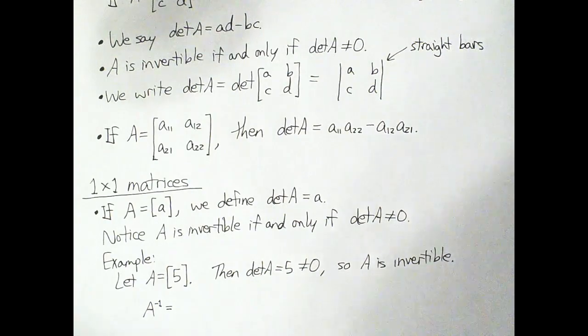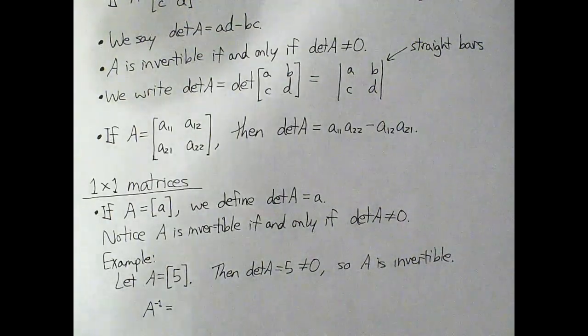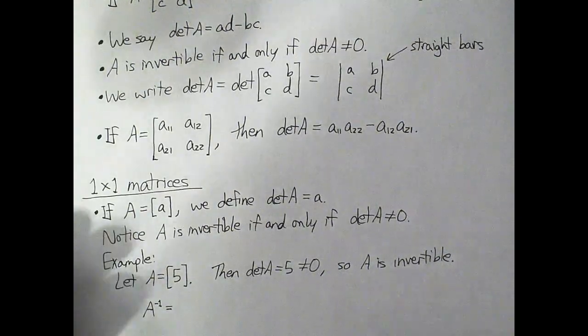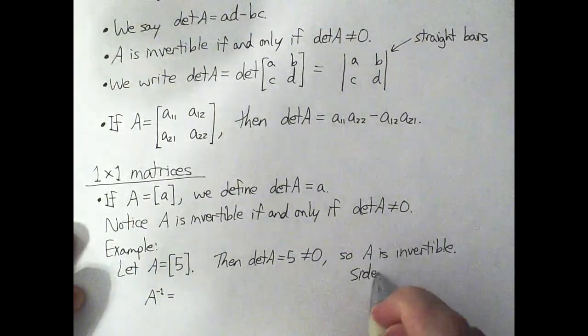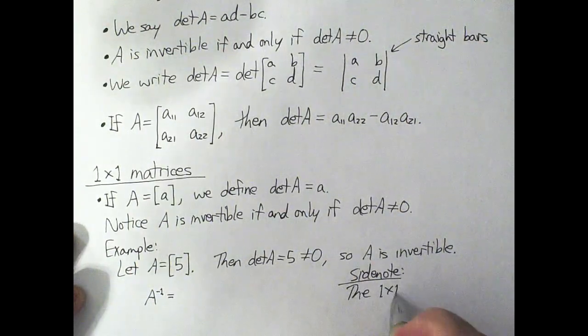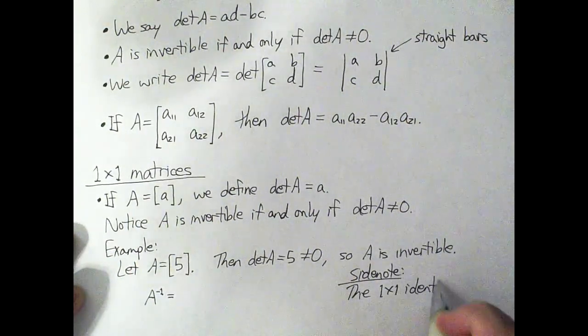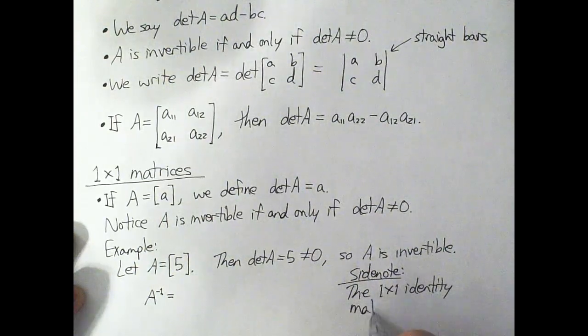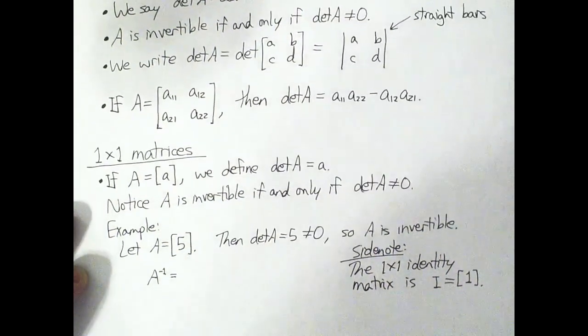Well, keeping in mind that A times A inverse has to equal the identity matrix. Side note, the 1 by 1 identity matrix is this.